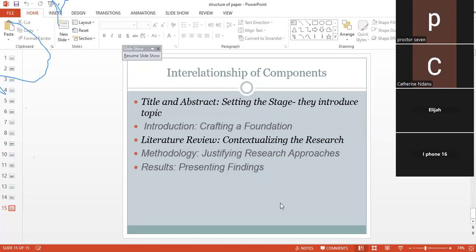For example, I've just said the title presents key concepts, key variables to be discussed in the study. So the introduction must explain the key terms in the title. You see that? That means there is a correlation, a coherence between the title and the introduction.